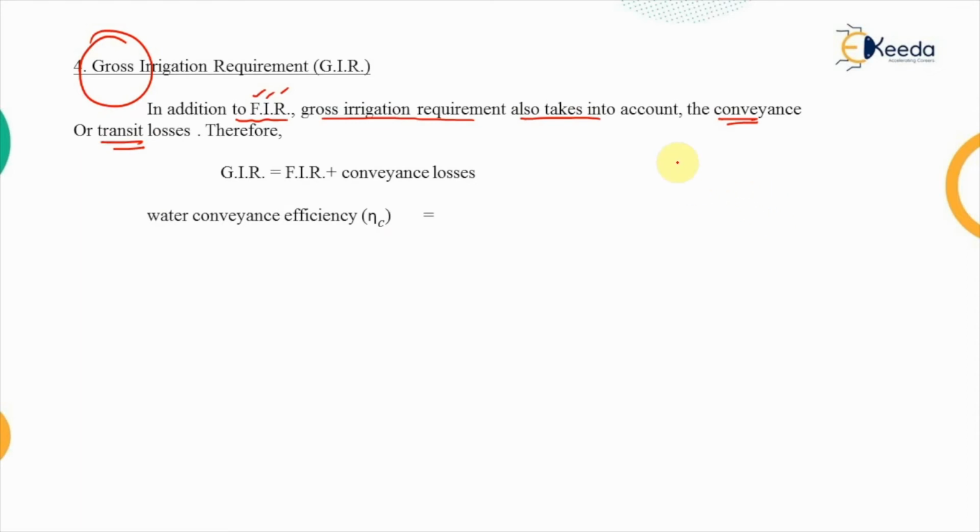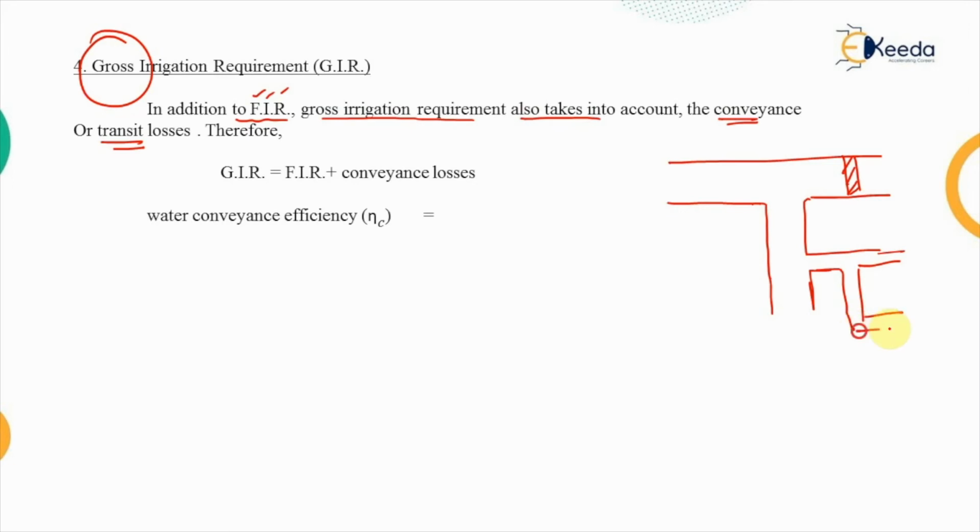Let's say this was a certain river body at which we have constructed the weir or the barrage, and we have a number of canals taking the water ultimately to the field. This is the outlet point. Now when the water is flowing through all of these channels and ultimately delivering the water onto the field, it will incur certain losses.